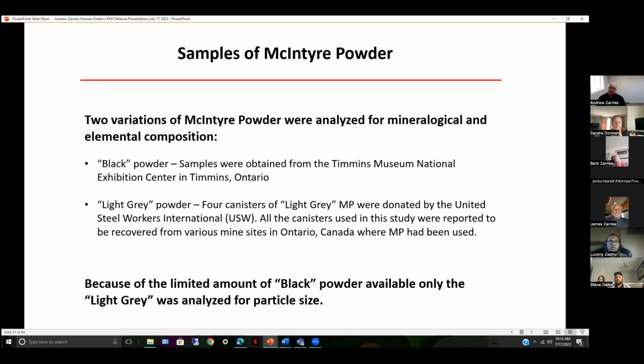The only sample of black powder that we knew of was in the Timmins Museum, National Exhibition Center in Timmins, so we went there and obtained samples of that for this analysis. For the light gray, we had 4 canisters that were donated by the United Steelworkers. All canisters were reported to be recovered from various mine sites in Ontario that used McIntyre powder. Because of the limited amount of black powder, only light gray powder was analyzed for particle size.